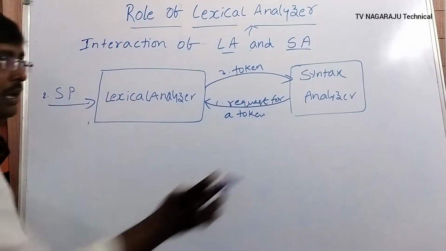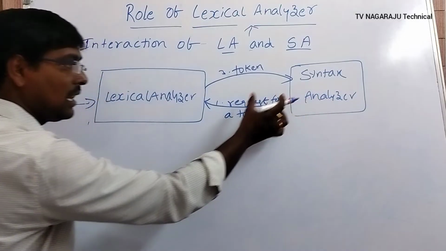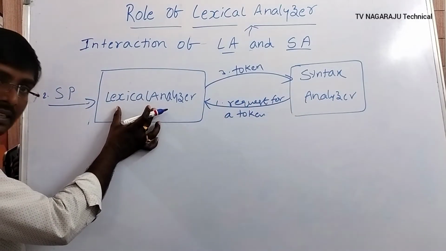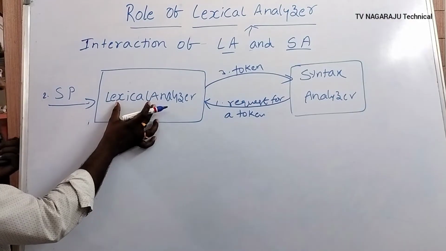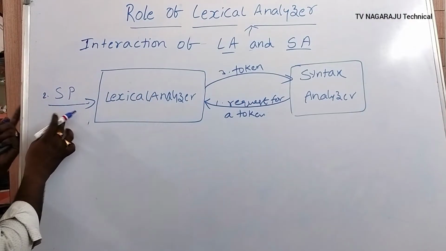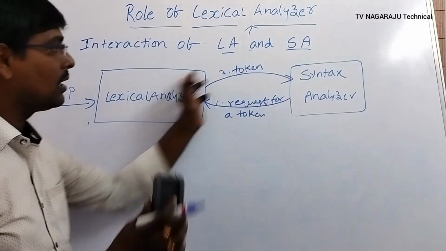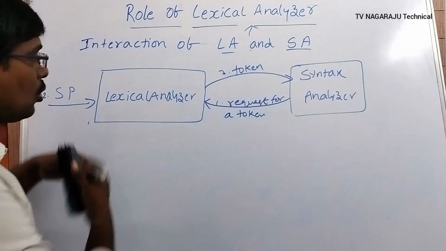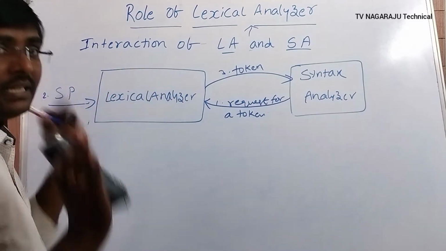You got it? First the syntax analyzer requests a token. Once the request is made to the lexical analyzer, it reads the source program and generates the token. The process is repeated until all the tokens are completed.